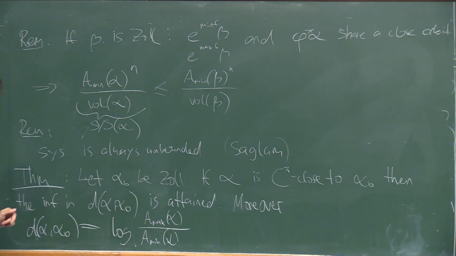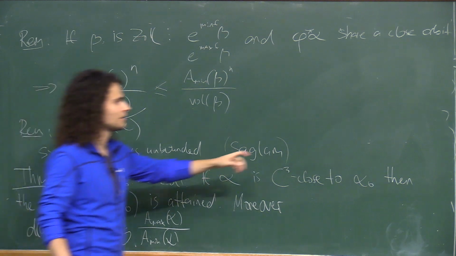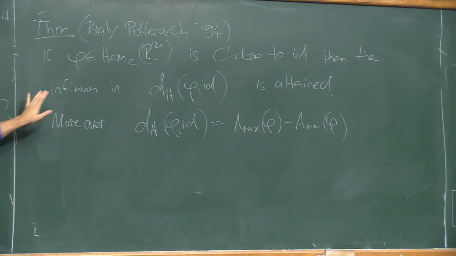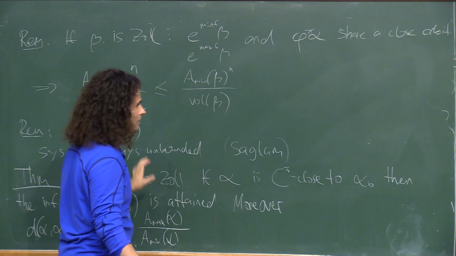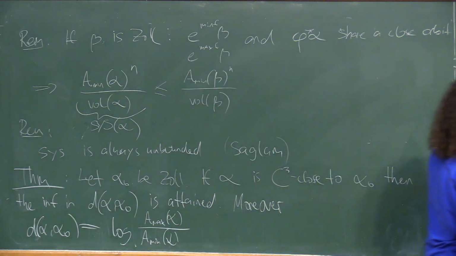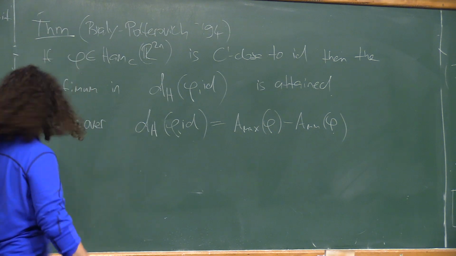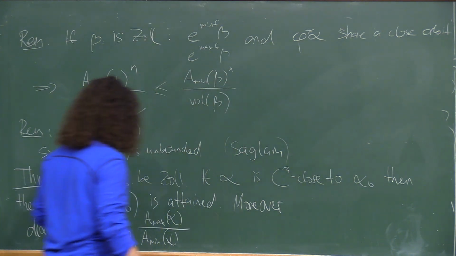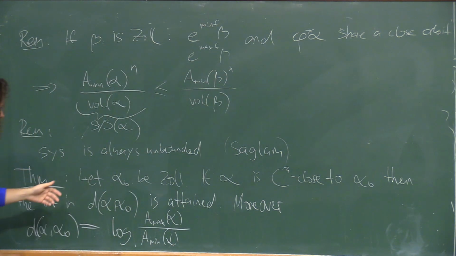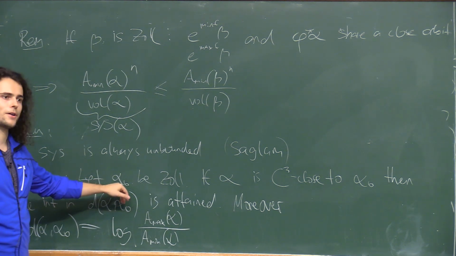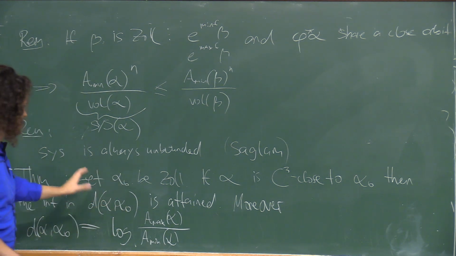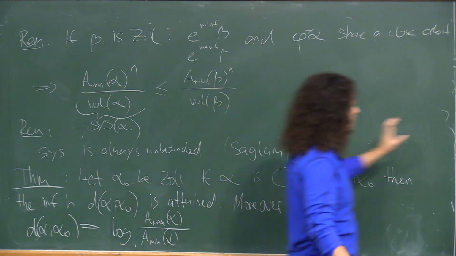So I want to view this as the contact version of this result. Contact forms really correspond to Hamiltonians, and here there's an infimum over these deformations of the contact form by contact homeomorphisms. So there are two very similar distances.